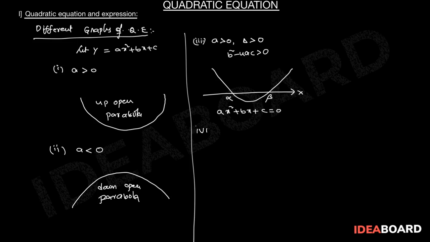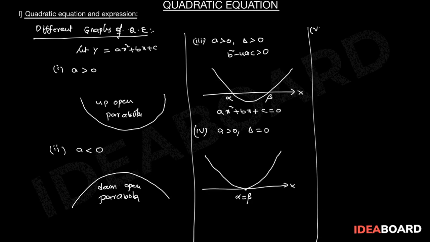Next one is, if a is greater than 0 and delta equal to 0, then the curve touches the x-axis at a point. The x-axis is the tangent of the curve. The curve is an upward opening parabola, so it has equal roots, alpha equal to beta.